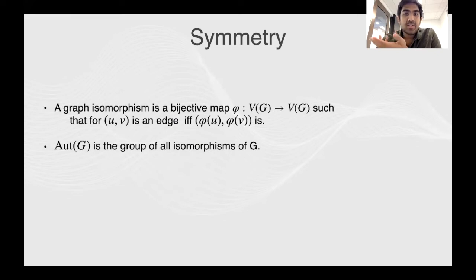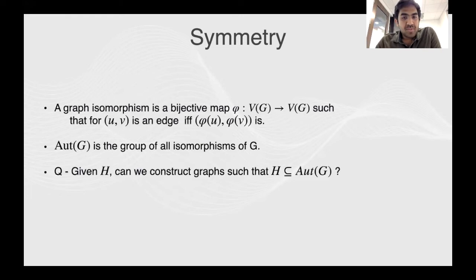If you collect the set of all such automorphisms, they form a group under composition, since composing two bijective maps gives a bijective map, and the property is satisfied. So this is the automorphism group, and the question is, given a group H, can you construct a graph G such that H is a subgroup of its automorphism group?